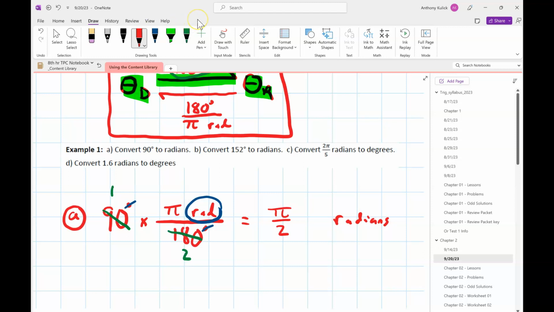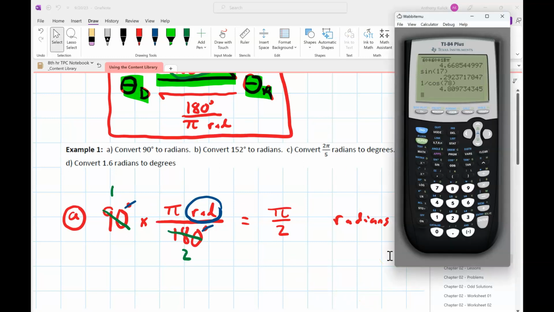Everybody okay here? I want to point out that if I wanted to do that reducing of fractions, the calculator can handle that. If I just do 90 divided by 180 on my calculator, and then press the math button and select the fraction command, and press enter, it tells me that that is 1/2.